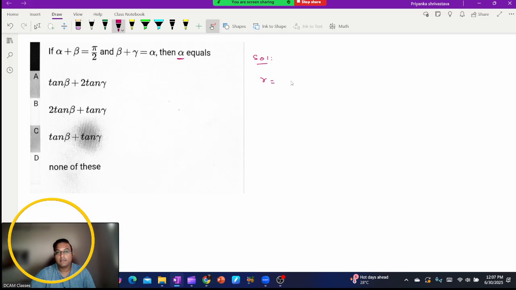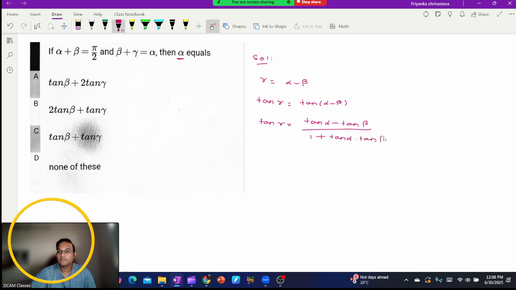See here, gamma is equal to alpha minus beta. I can take from the second equation. I'll apply tan. Tan gamma is equal to tan of alpha minus beta. So it will become tan gamma is equal to tan alpha minus tan beta by 1 plus tan alpha tan beta.